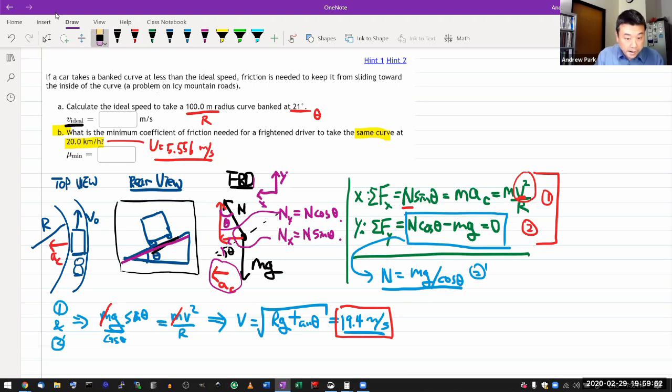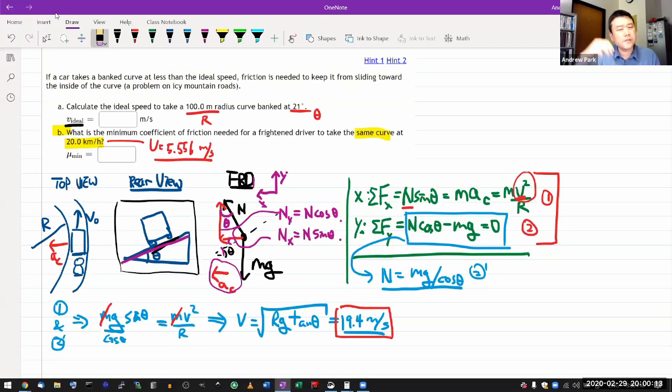So, all right. If I have non-zero friction, I have to think about what direction it'll be. And the way you figure out the direction of friction is, one, you imagine what would happen without friction. So without friction, you have a driver who is not going fast enough.